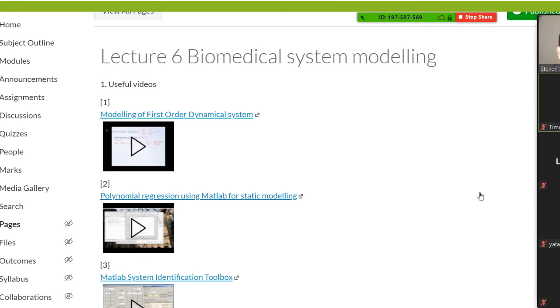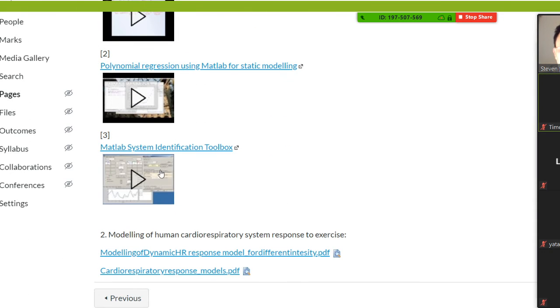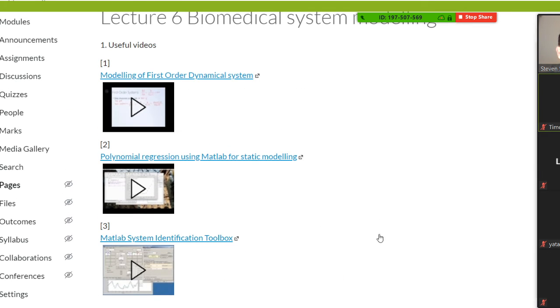I will introduce the MATLAB System Identification Toolbox. I will use MATLAB to show you how to do the dynamic modeling. Mainly it is for linear time invariant systems.